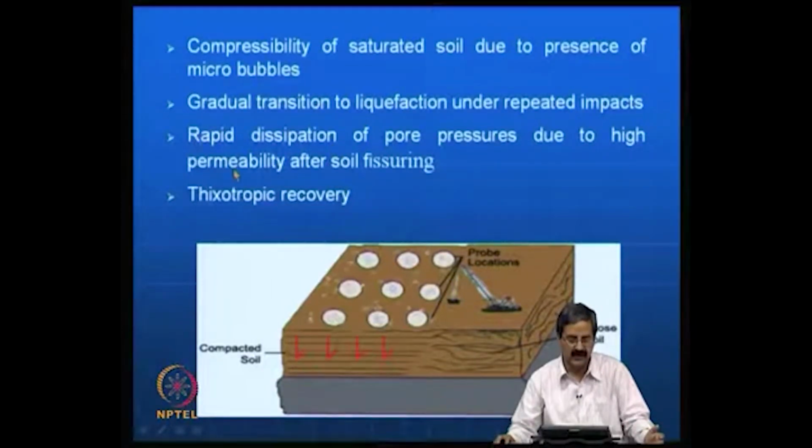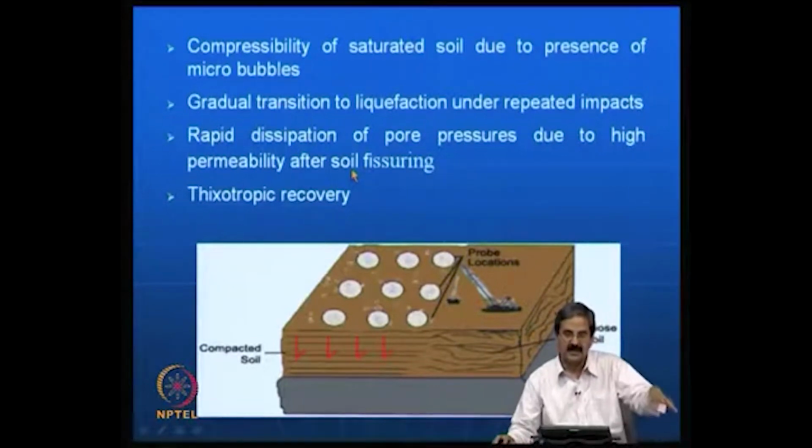So, what we do here is that you can see the rapid dissipation of pore pressures due to high permeability after soil fissuring. Sometimes this is another mechanism that is always present, that there could be some small fissures in soils that lead to higher permeability, and that higher permeability leads to rapid dissipation of pore pressures.